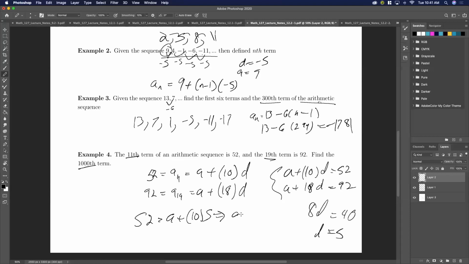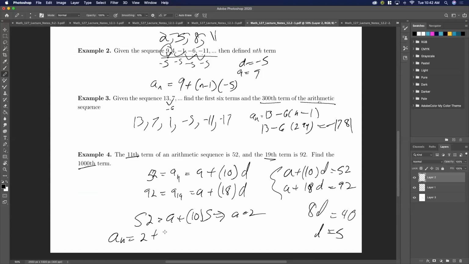This implies a is 2, right? This is 50, so a must be 2. So here I have my formula for a_n. You could have done the same here: 18 times 5 would have given you 90, so leaves just the 2.